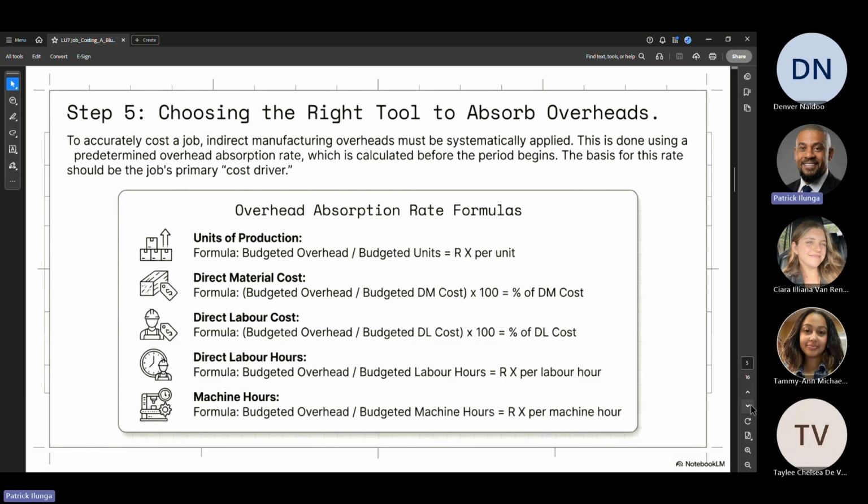But now if we have identified that actually the units that we are producing are the cost drivers, we would just take the overall budgeted overhead divided by the budgeted number of units, because we will budget, by the way. We'll say next month we would like to produce. I'm speaking to each one of you individually. When you are thinking about a business, you say, I want to produce X amount of units in this business or in this project.